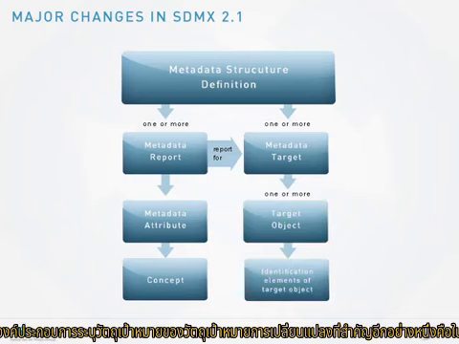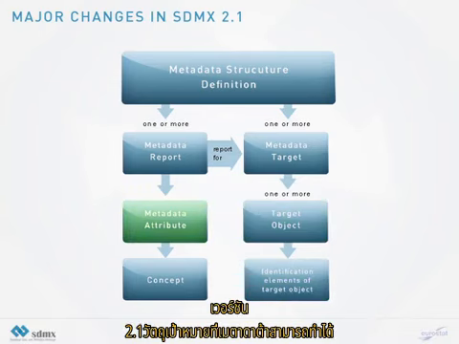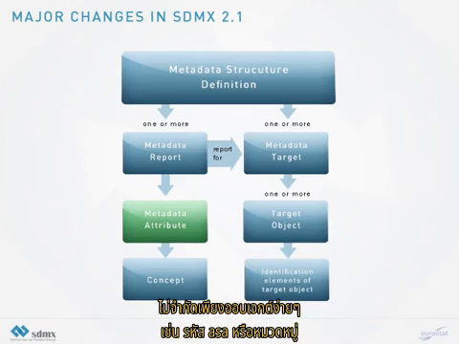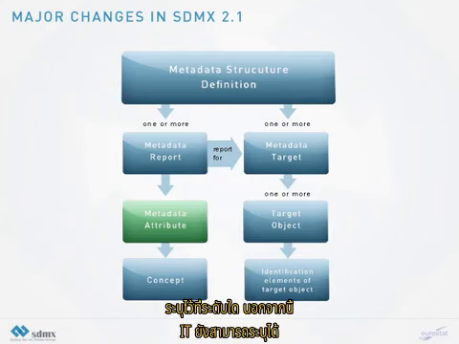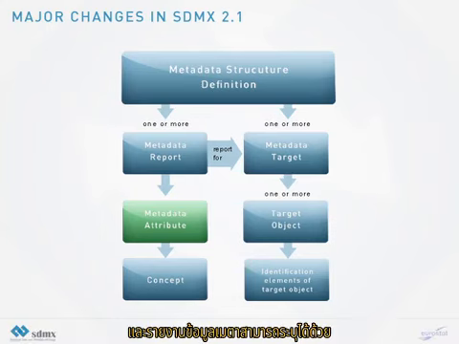Another important change is that, in version 2.1, the target object to which metadata can be attached is not limited to simple objects, such as a code or a category, but may be better identified at any level. Furthermore, it is even possible to specify a URN as the identification mechanism, and the metadata report can also be specified as XHTML.